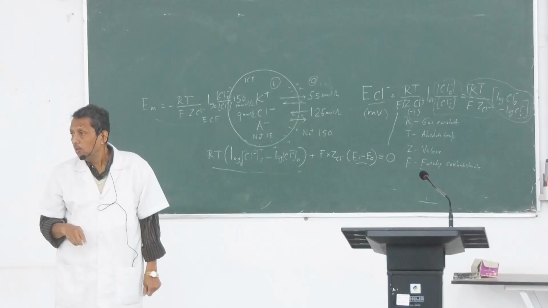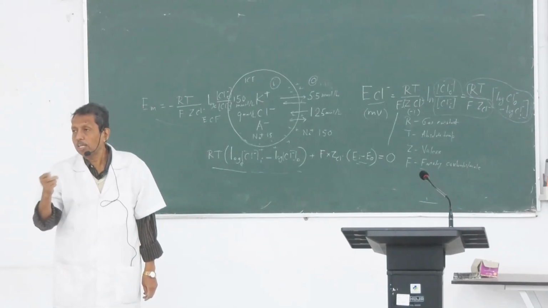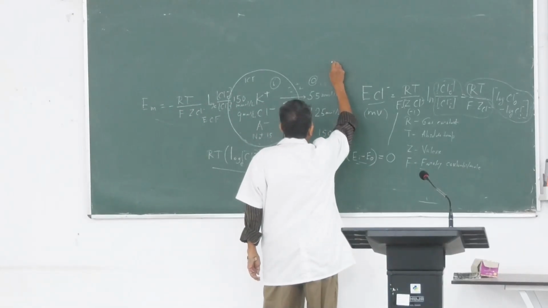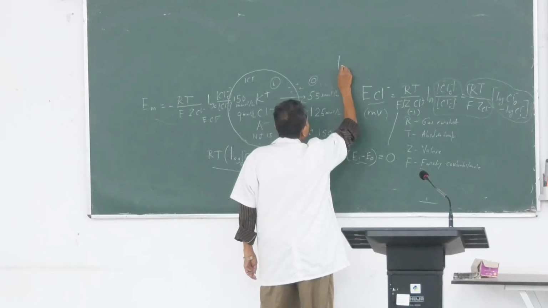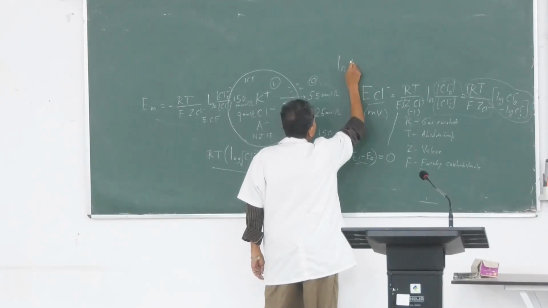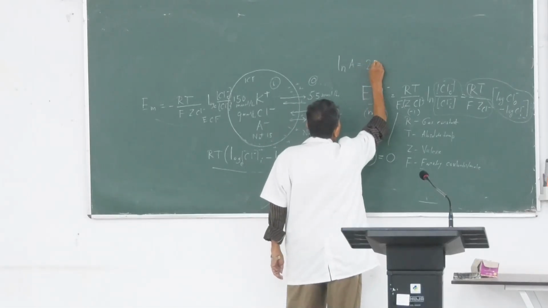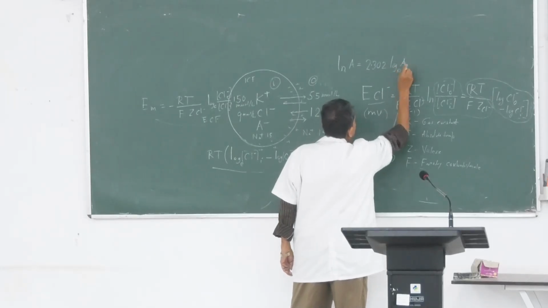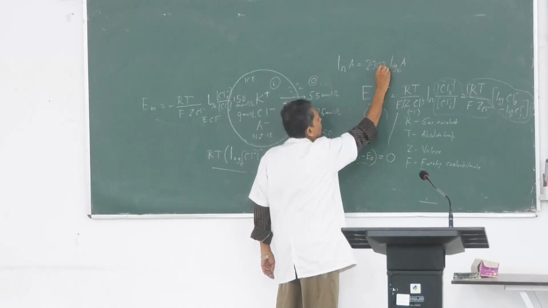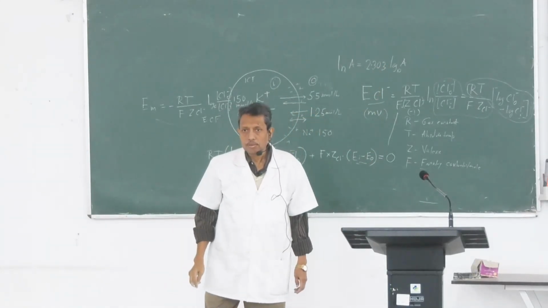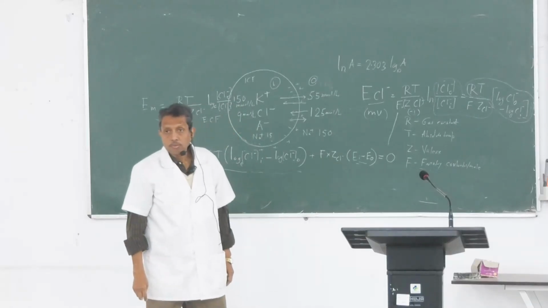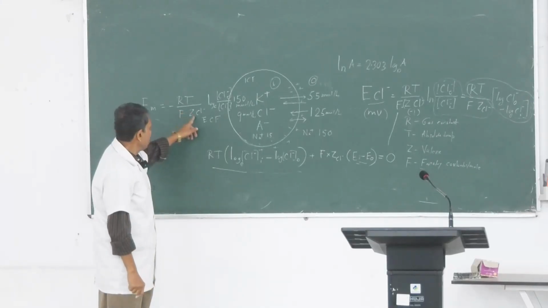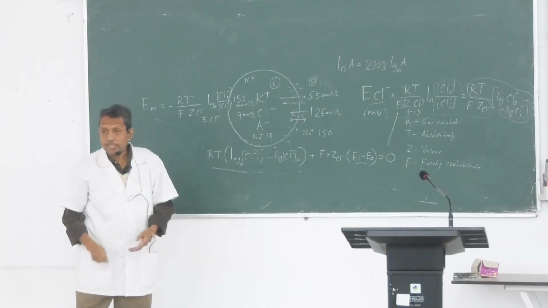The natural logarithm of A equals 2.303 into log to the base 10 of A. You convert it into the base 10 log, and the numerical values are calculated.